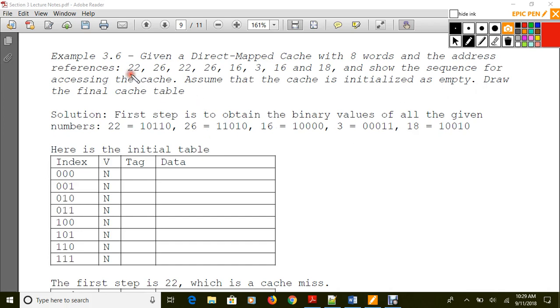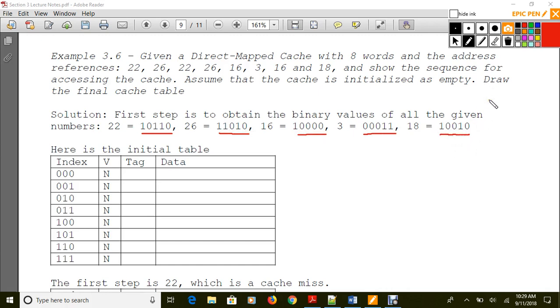I understand there are time constraints. I'm choosing numbers because I want you to practice converting them to binary. So here you got 22, 10110, 26, 11010, 16 is 10000, 3 is 00011, and 18 is 10010.